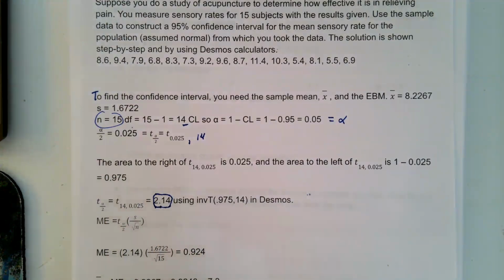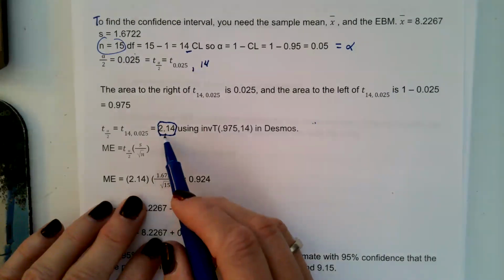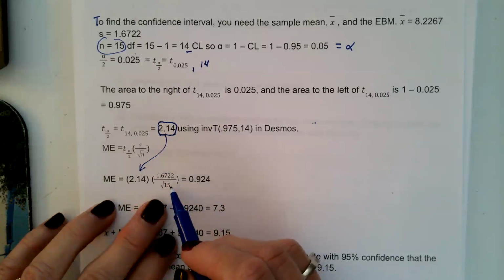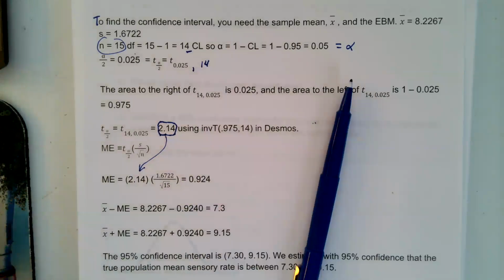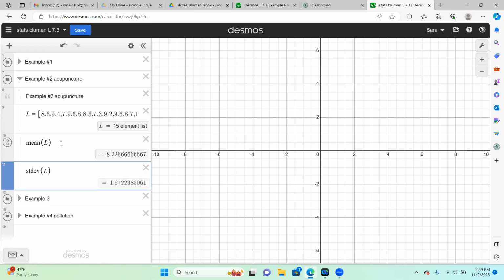So then I'm going to use that to find my margin of error. My margin of error is my critical t-value there, multiplied by my standard deviation of the data divided by the square root of n. So I'm going to go to Desmos and show you where I worked on this. So I typed in my data. I came up with my mean of my data there of 8.2267. And then my standard deviation of my data is 1.6722.